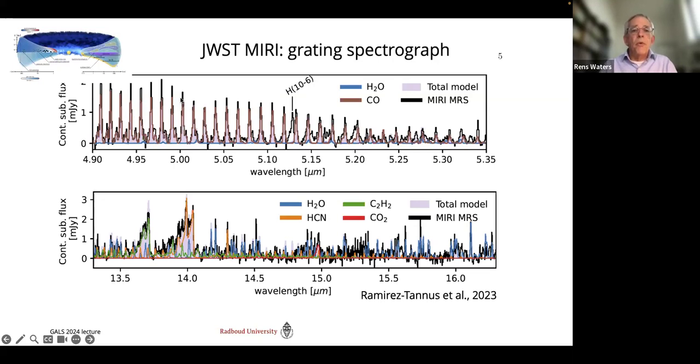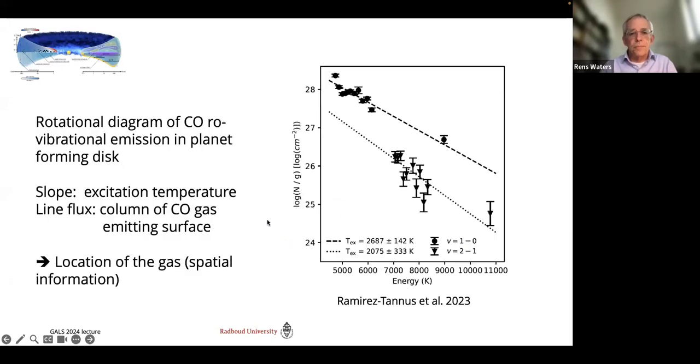And so every peak is a rotational line in that vibrational band. And mixed in are also a few water lines in this spectral region. And below is the same, but a different spectral range for the same object, where some bands of HCN, C2H2, and CO2 are being detected. So it's an example of what you can reach with the grating spectrographs on board of Webb.